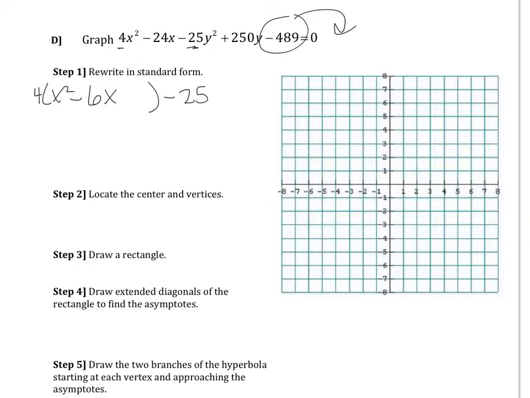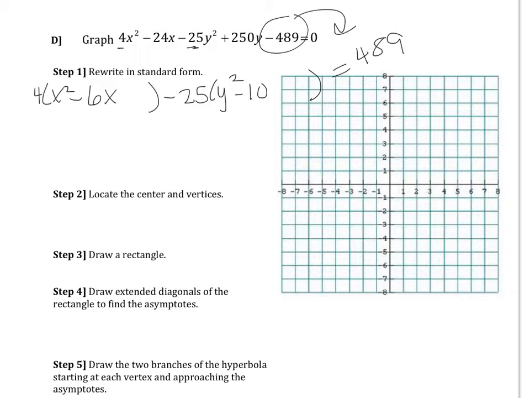Now just be careful, because unlike an ellipse, the hyperbola has this negative sign here. When we subtract the 25, we have to make that adjustment inside. So when we distribute negative 25, in order to get 250, we're going to want a negative 10, because we need a positive 250. And leave that open, and equals 489.